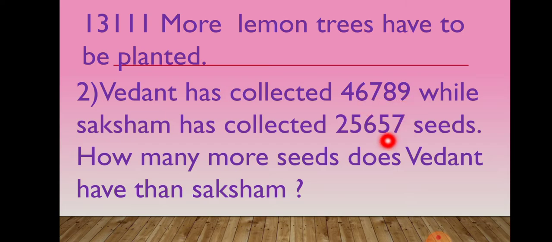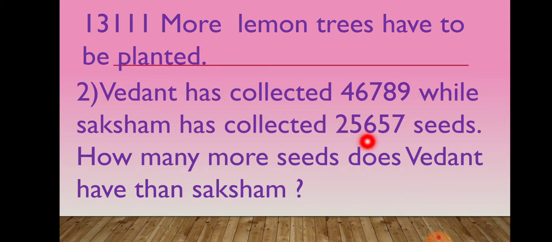And how many seeds did Saksham collect? 25,657 seeds. So what do you do? How many more seeds does Vedant have than Saksham? When you find out how many more seeds, we must do subtraction.